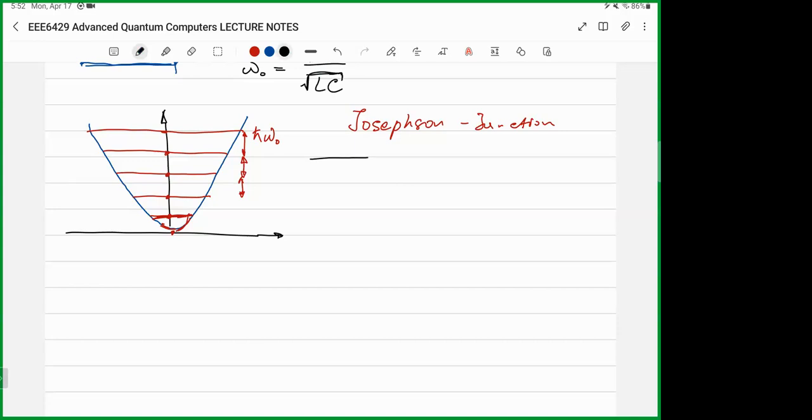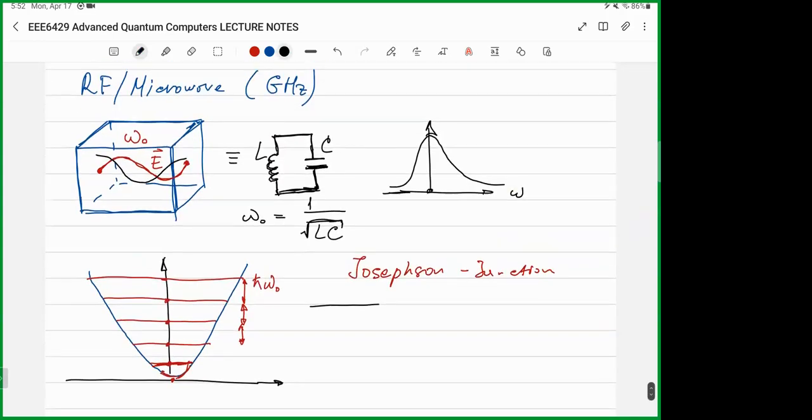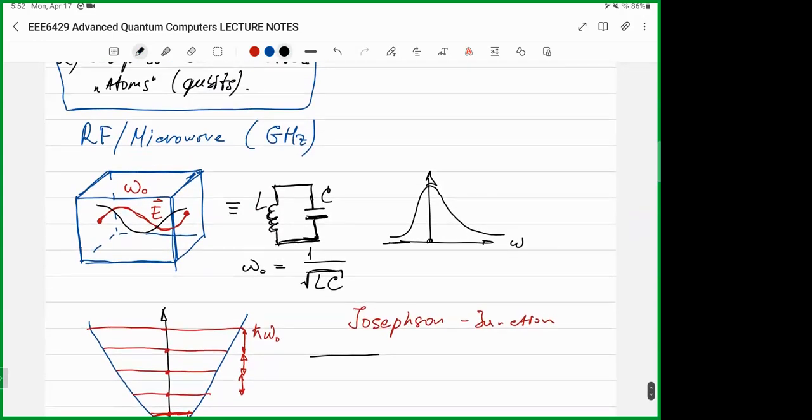Let's consider, so I didn't mention it here, but the fact that we cool down the resonator to get rid of all the noise thermal photons means that we cool down the system very well below the critical temperature of superconductivity.